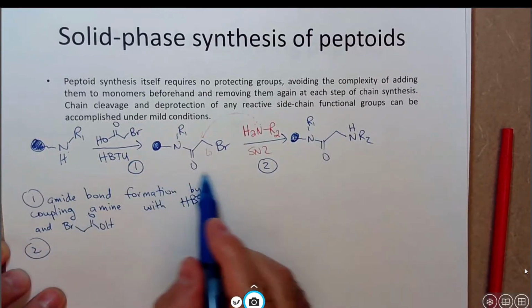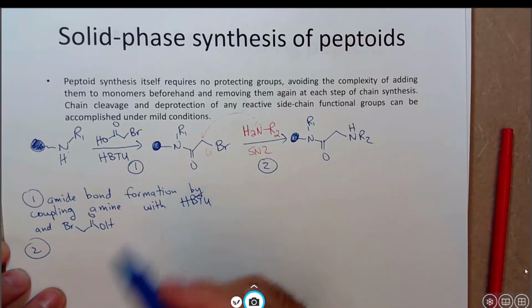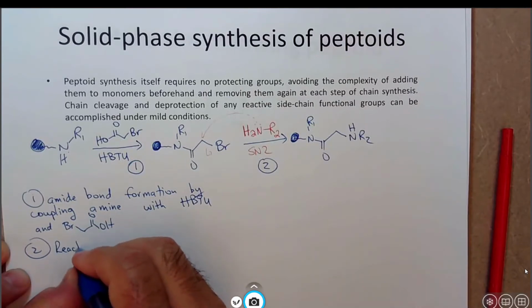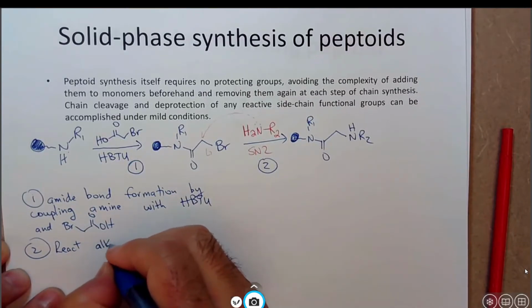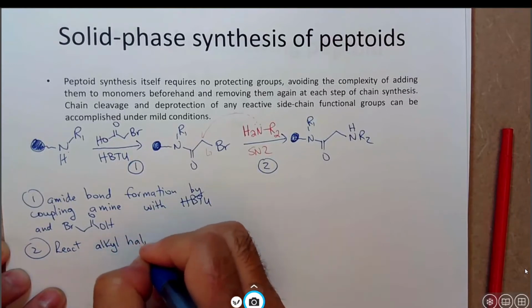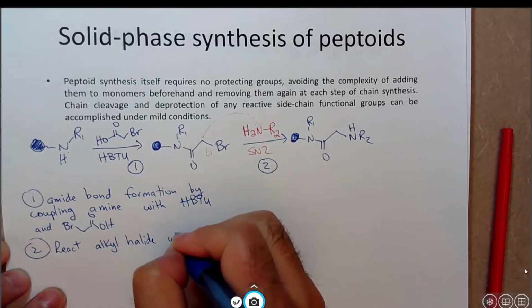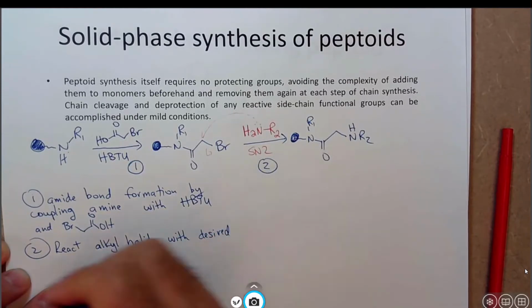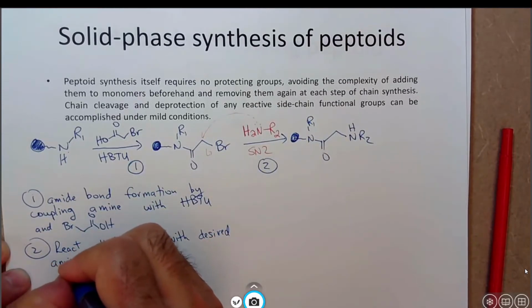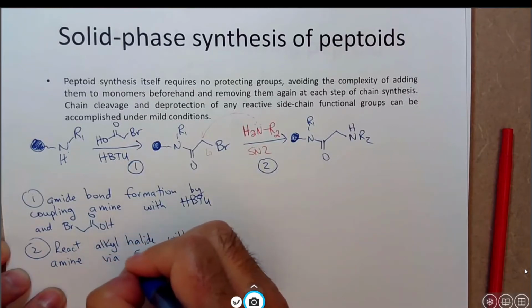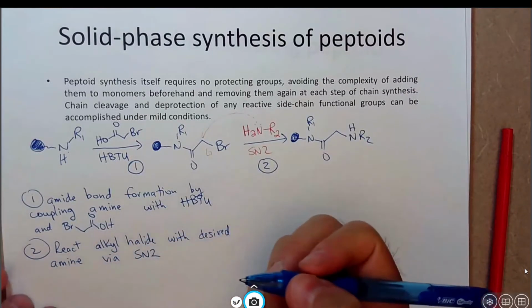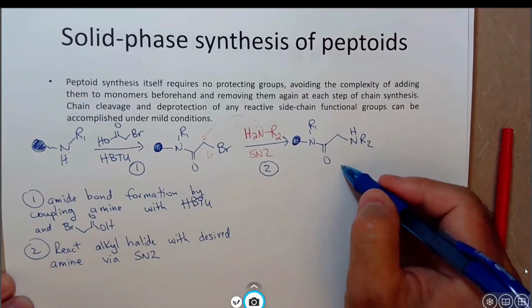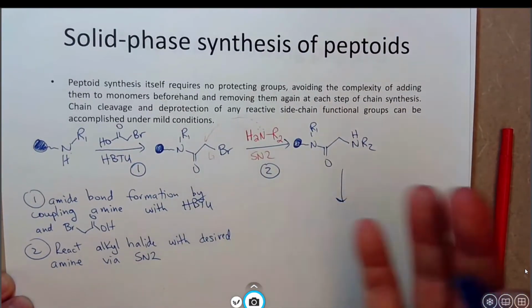Number 2, you take the alkyl halide with a desired amine via SN2.